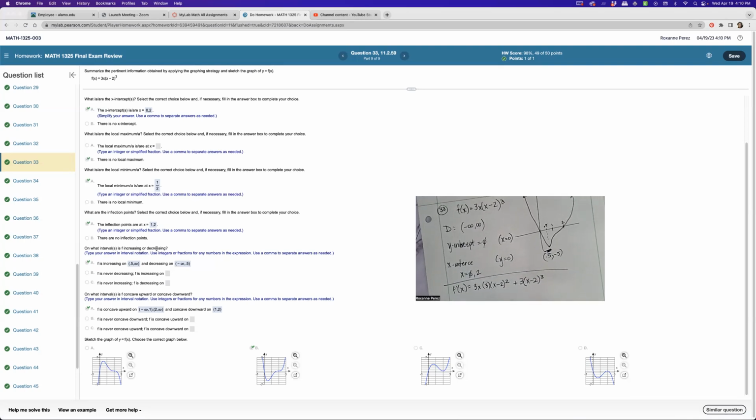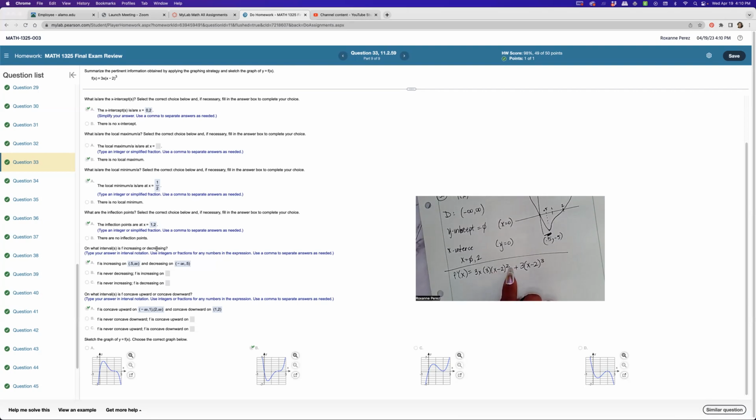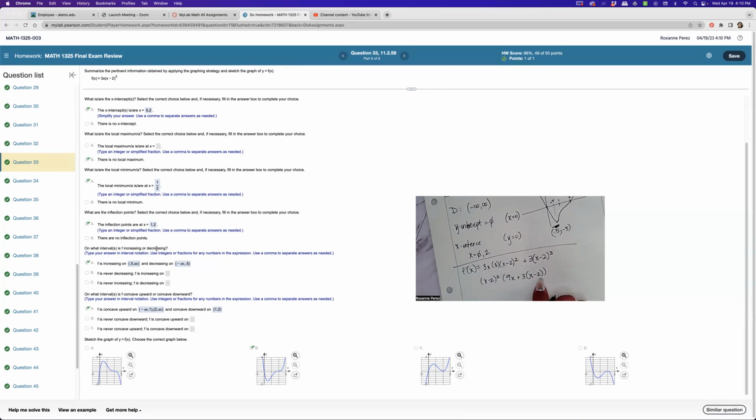I'm going to do some algebra work, and first I'm going to pull out the x minus 2 squared term from here and here. So that's going to leave me with x minus 2 squared, 9x plus 3 times x minus 2. I'm going to distribute and then collect like terms.